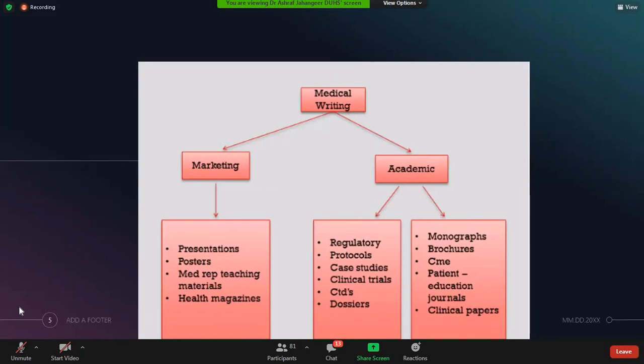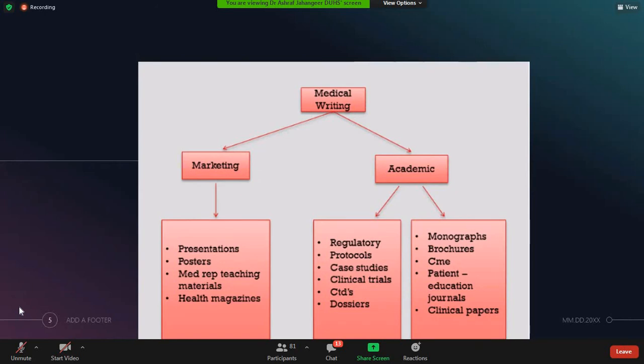And academic writing can still be classified into two. So academic writing is pure academic writing, where you write journal papers or patient education materials or CME, brochures, monographs, books.